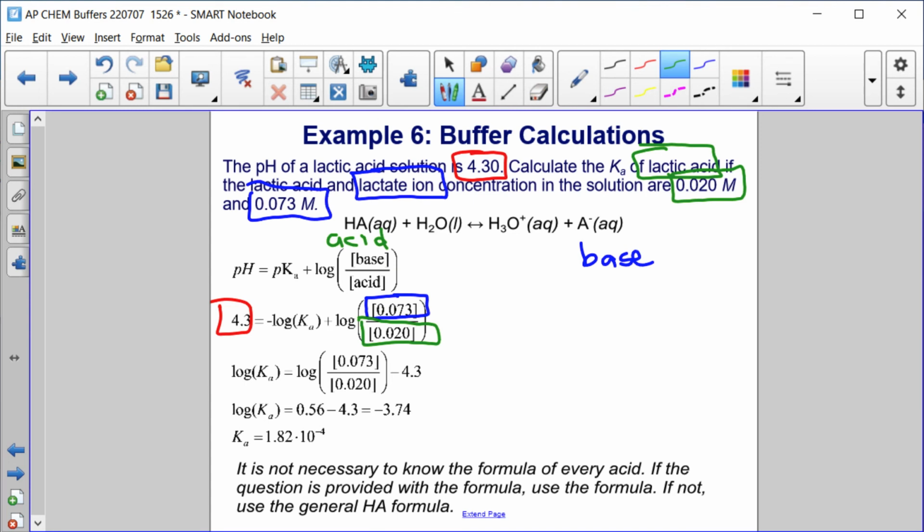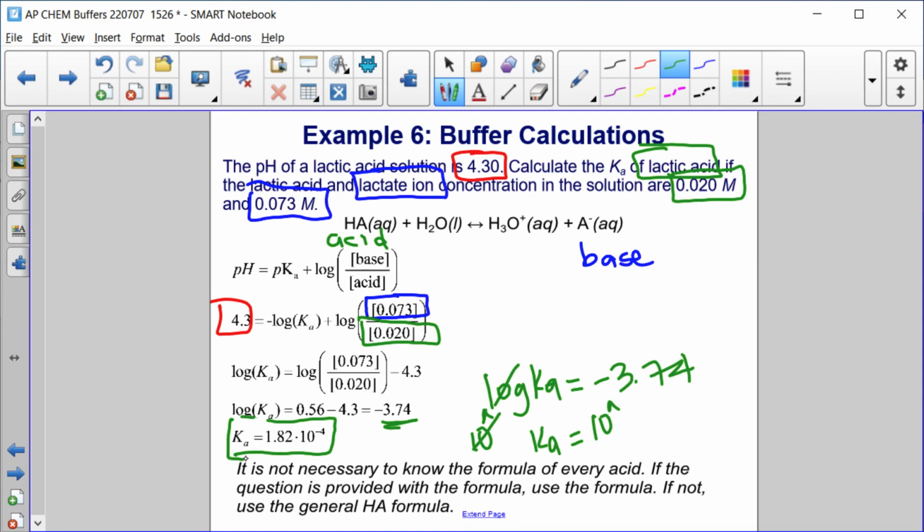So I just solve for the log of the Ka, and I get minus 3.74. So log of Ka equals minus 3.74. And then just a reminder that to solve for Ka, we raise both sides 10 to the power of. So that cancels the log, and we get Ka is equal to 10 to the power of minus 3.74, or 1.82 times 10 to the minus 4.